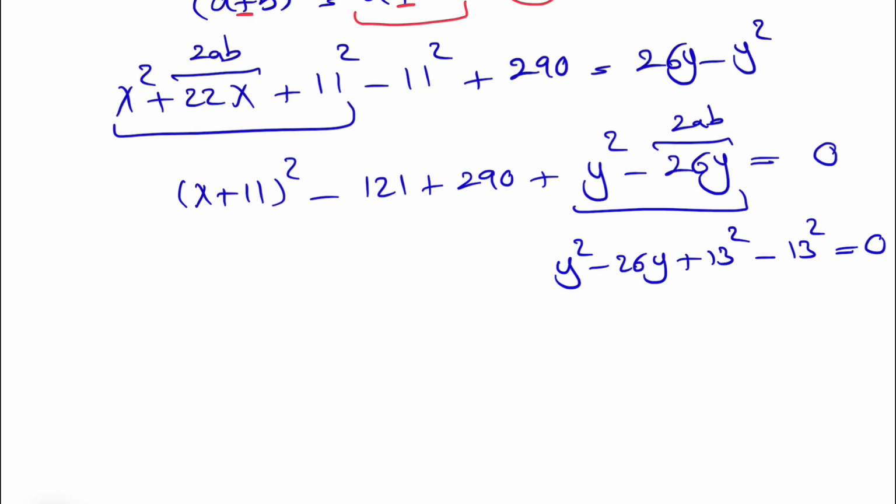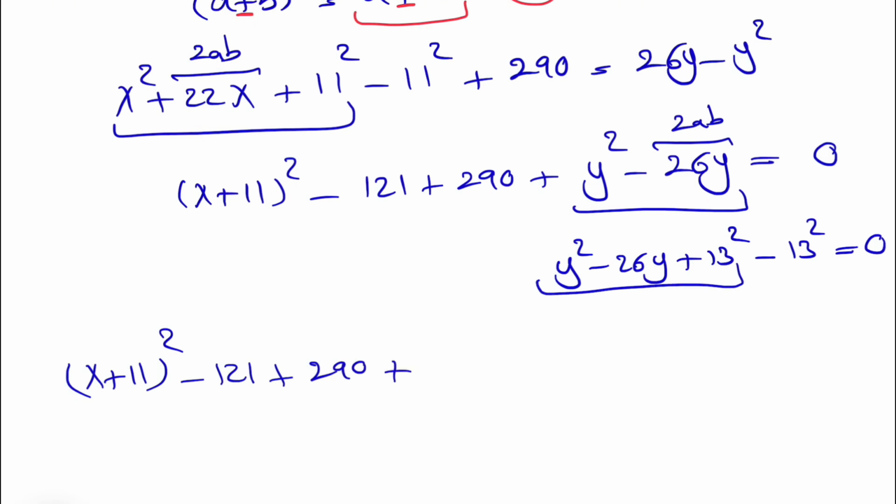So what we're going to end up having is we have x plus 11 squared minus 121 plus 290 plus, this is our perfect square, so y, this time we have a negative sign, since there is a negative sign in here, minus 13, and we have minus 13 squared, which is 169, is equal to 0.